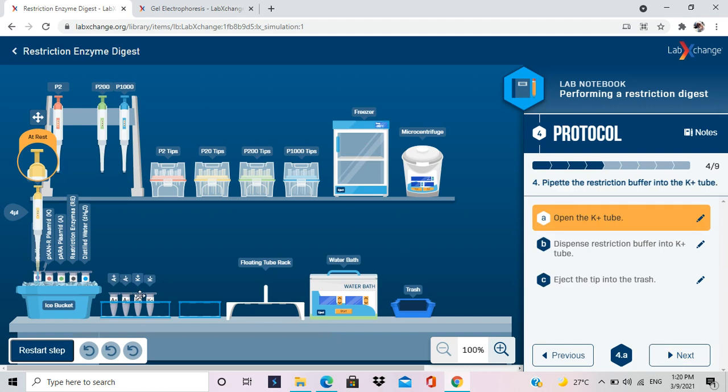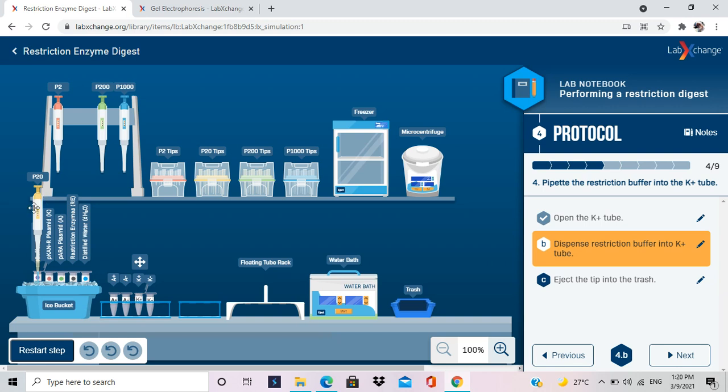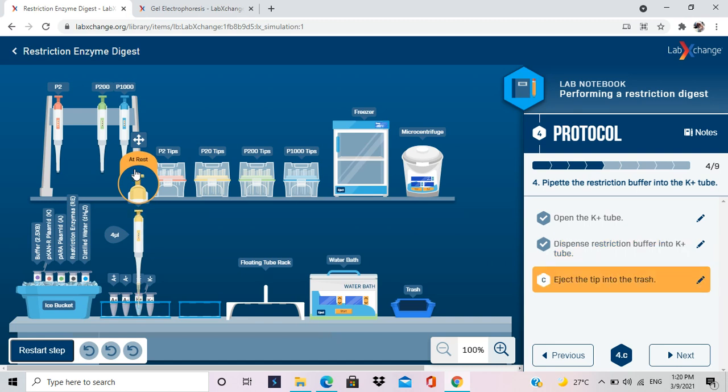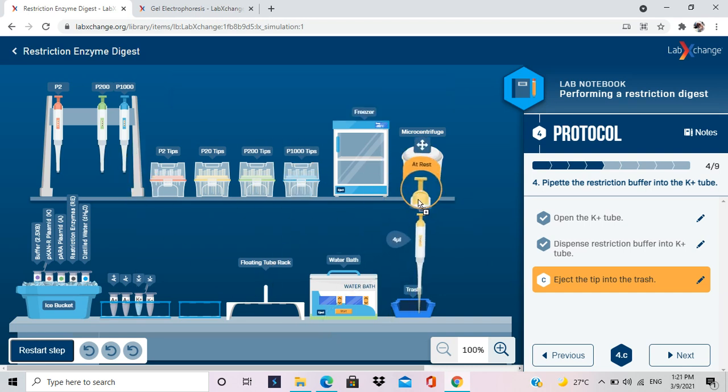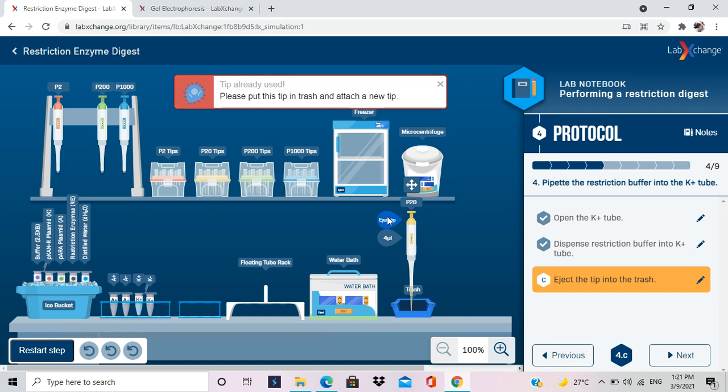After that, I open the K plus tube. Then I release it until the second stop and reject the tip into the trash.